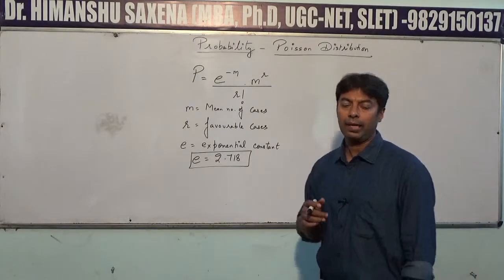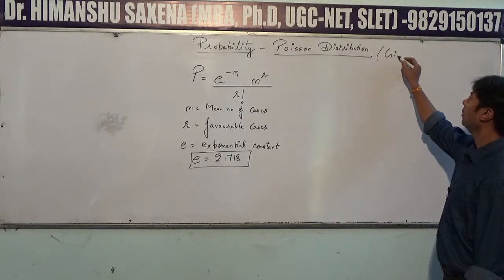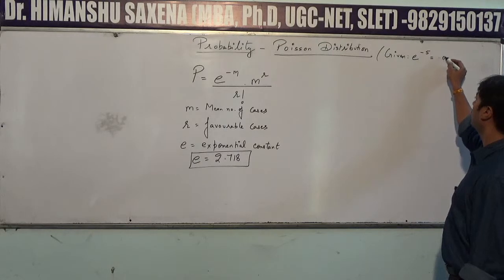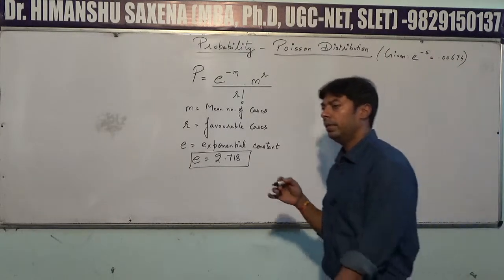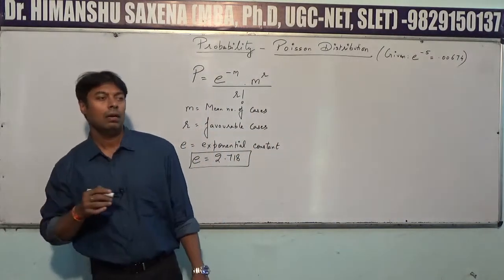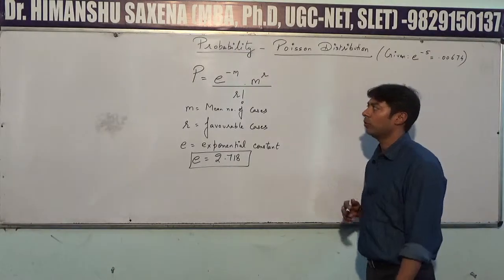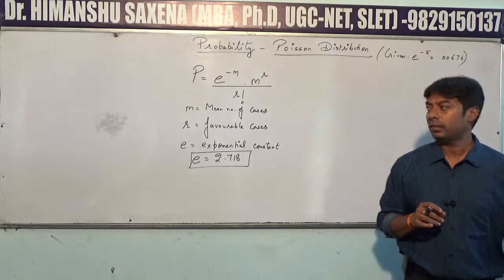In brackets, write down given: e raised to the power minus 5 is 0.00674. So we are going to solve this problem using Poisson distribution.